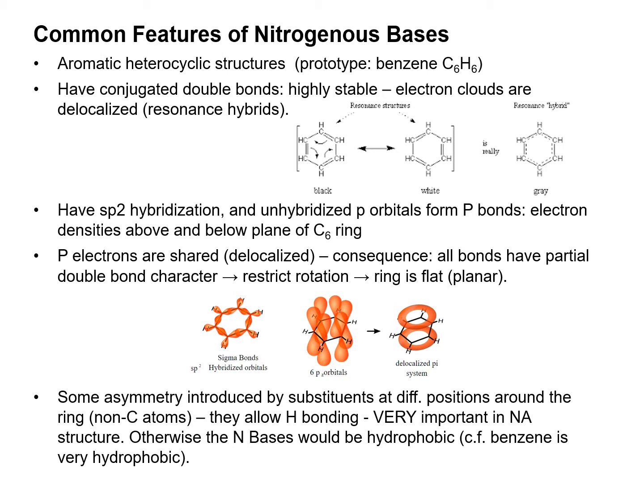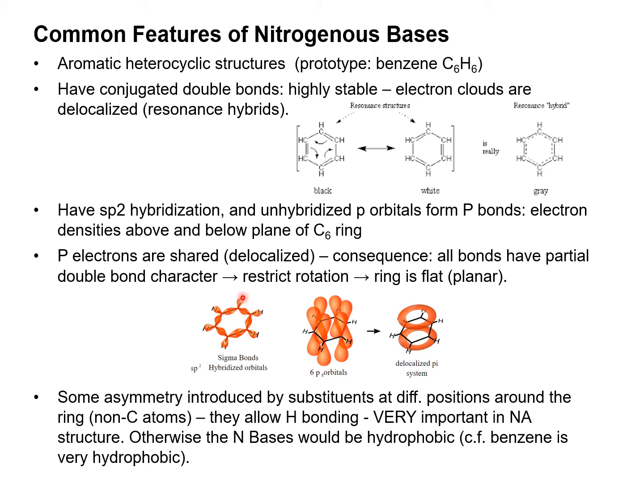But some asymmetry can be introduced here too by substituents at different positions around the ring as non-carbon atoms. So it can be added here instead of hydrogen, or even the carbon atoms can be replaced by that.